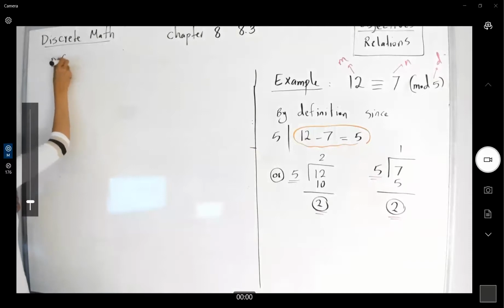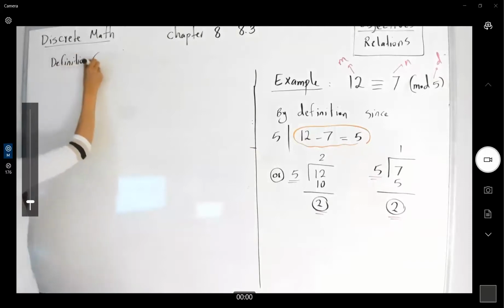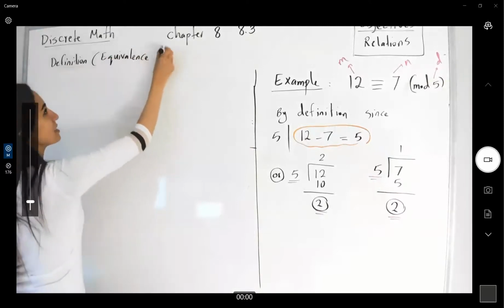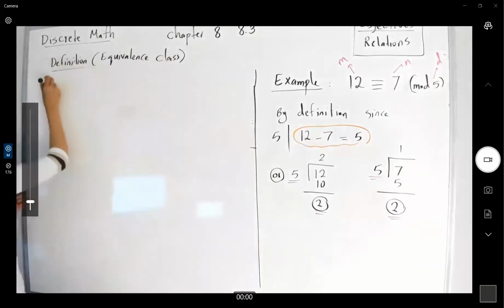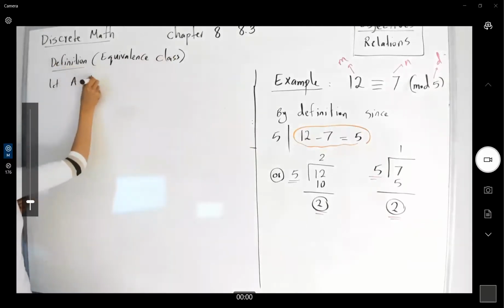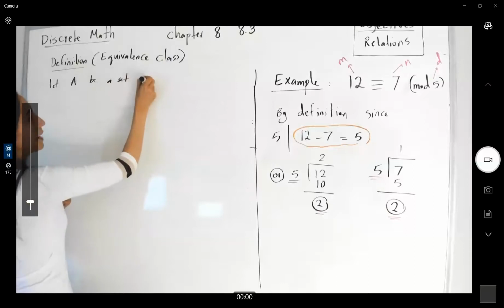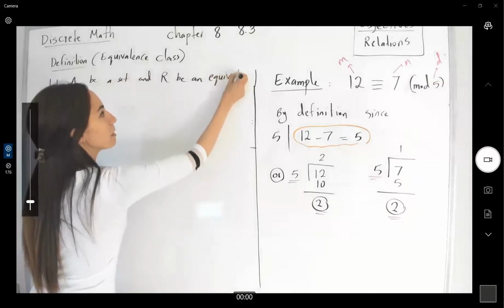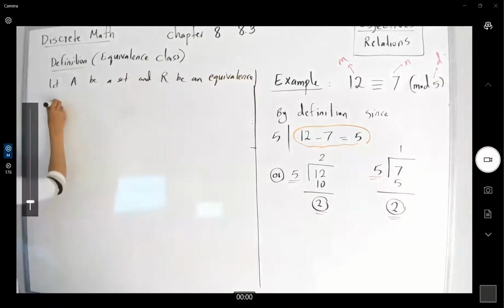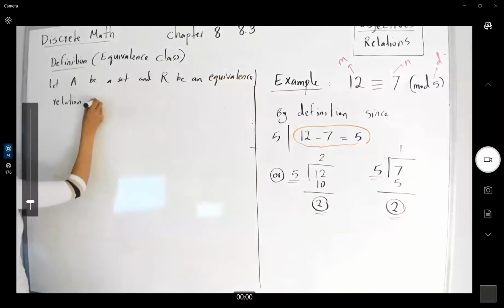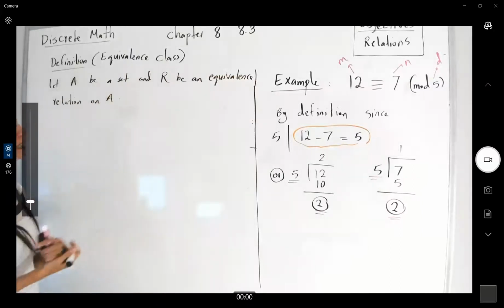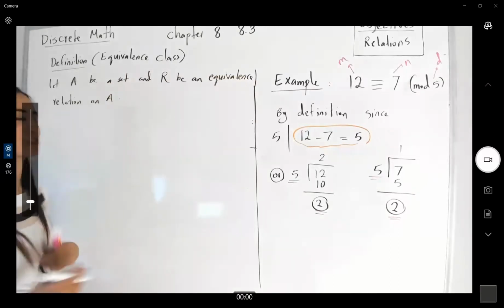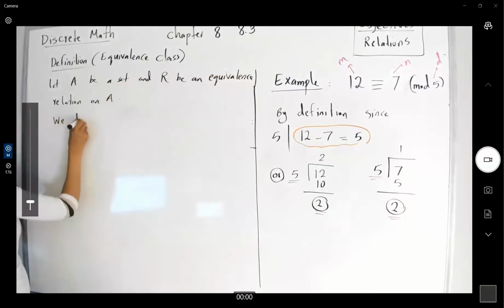Definition of equivalence class. So let A be a set and R be an equivalence relation on A. Okay, we define equivalence class this way.